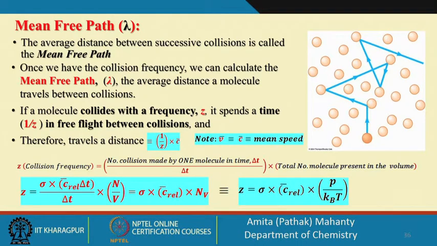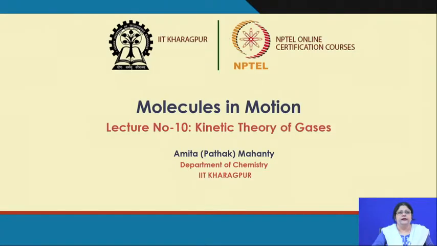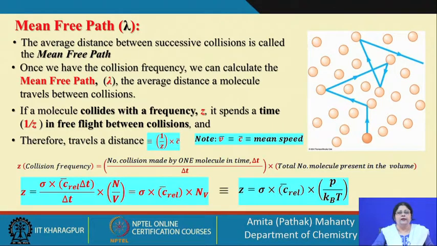We have talked about the collision previously, but what we need to understand is that if we are having a collision, then there is another term associated with it, the mean free path. What is this mean free path defined as?